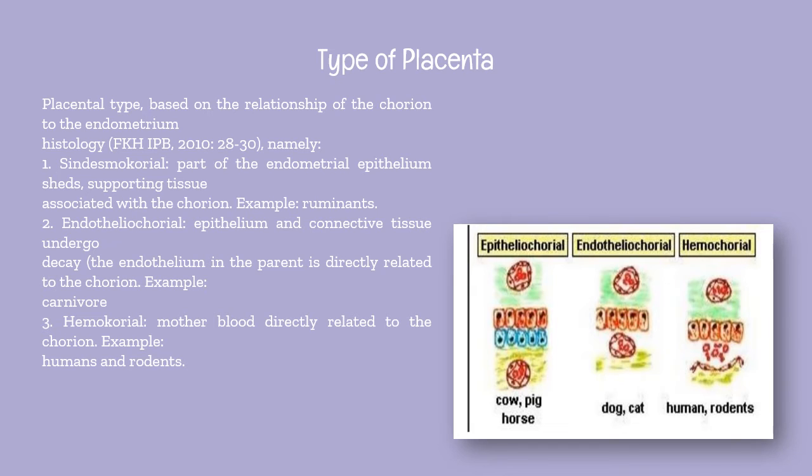The second is endotheliochorial, where the epithelium and connective tissue are lost, and the endothelium is directly related to the chorion, for example in carnivores. The third is hemochorial, where maternal blood is directly related to the chorion, for example in humans and rodents.